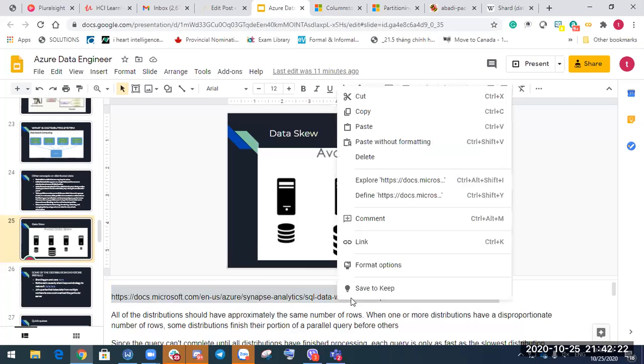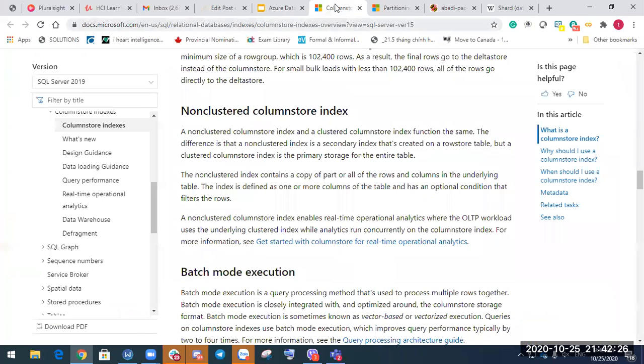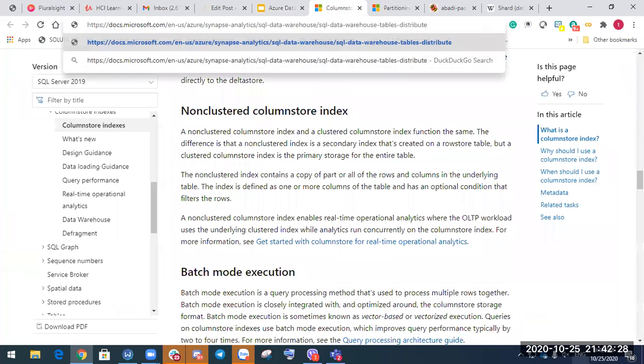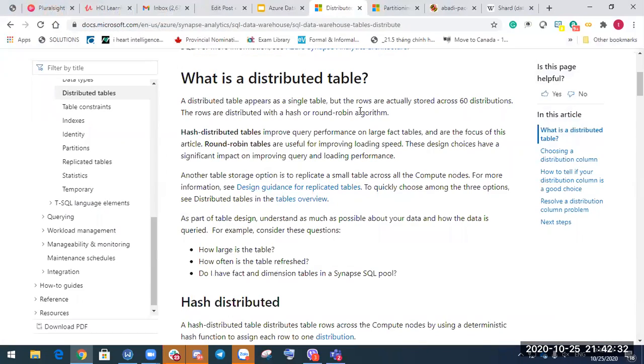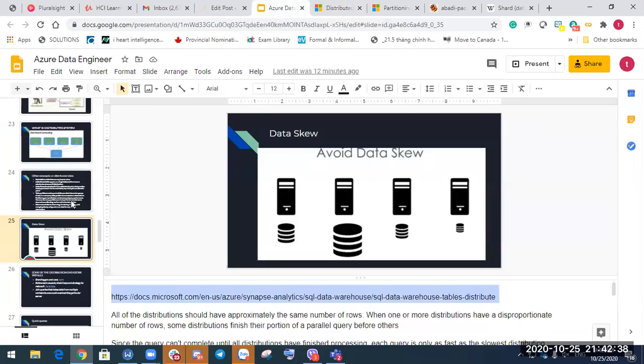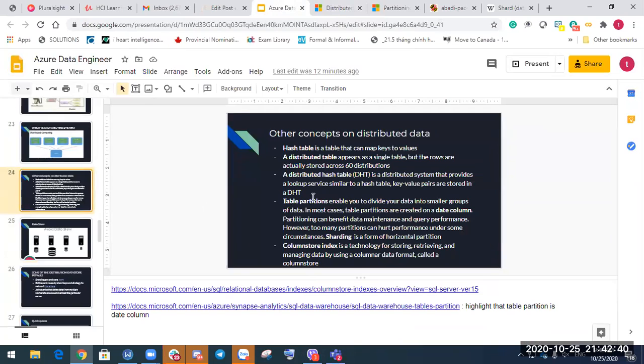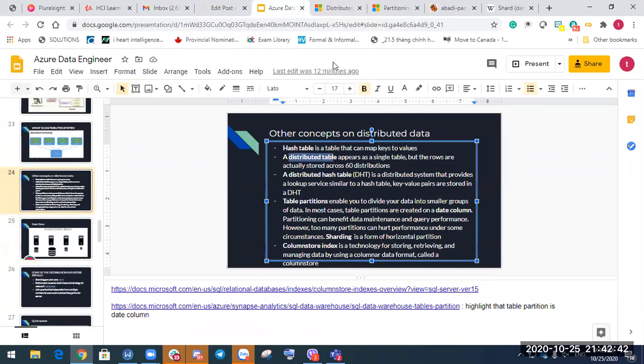So let's go to this link so that we can talk more about this. This link is very important. You see in here, it talks again about what a distributed table is. We already mentioned it. This is the distributed table.